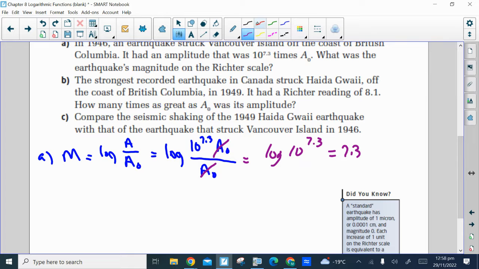We're going to start with that same equation: M, the magnitude, is the log of A over A sub 0. We're told the Richter reading, which is the magnitude, is 8.1. So 8.1 equals log of A over A sub 0.